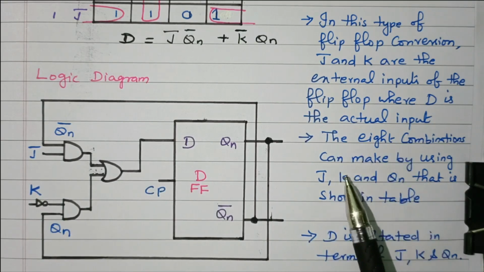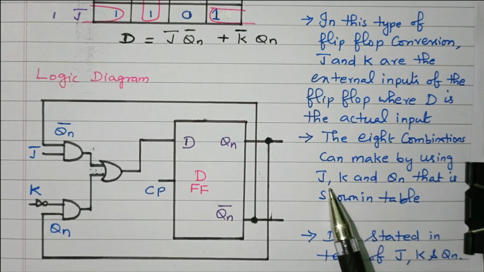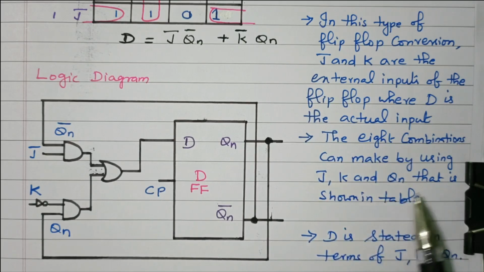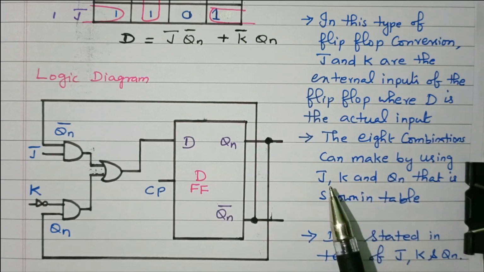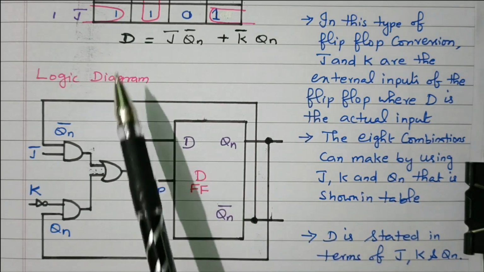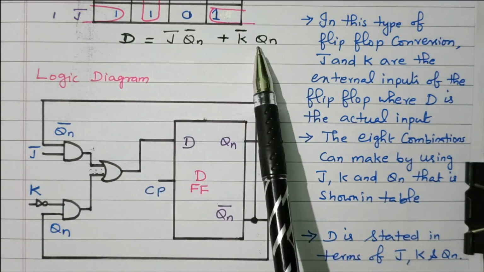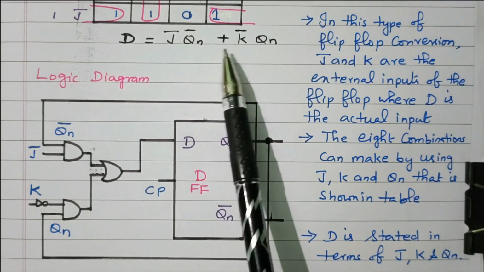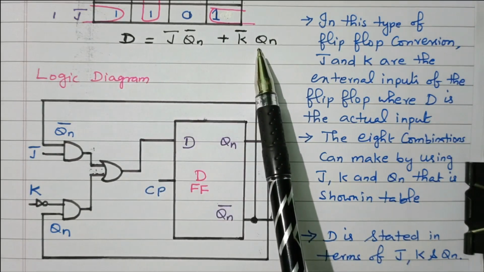The 8 combinations can be made by using J, K and Qn, that's shown in the table. What we discussed in the conversion table, J, K, Qn are the 3 variables. So based on that 8 combinations are available. Thus D is stated in terms of J, K and Qn. That is, D equals J, Qn bar plus K bar, Qn.